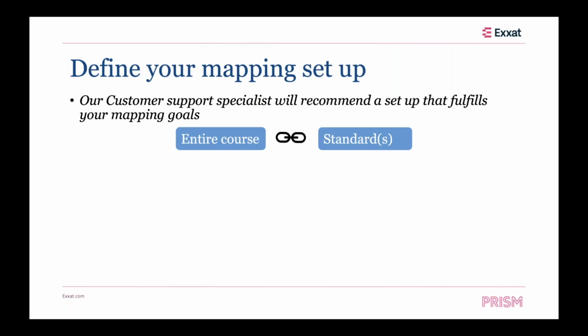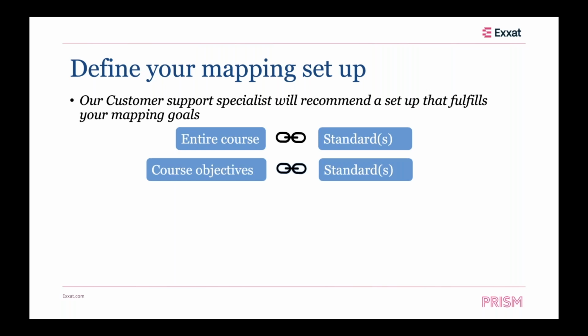You could have a need where you want very high level reports, bird's eye reports, where you're saying, oh, we want to map our entire courses to the standards. Like we have 30 courses that we offer in our curriculum, and we just want to see course 1, 3, and 5 help us meet the standards. So this is a very high level bird's eye view of mapping that you might need. Our system can support that.